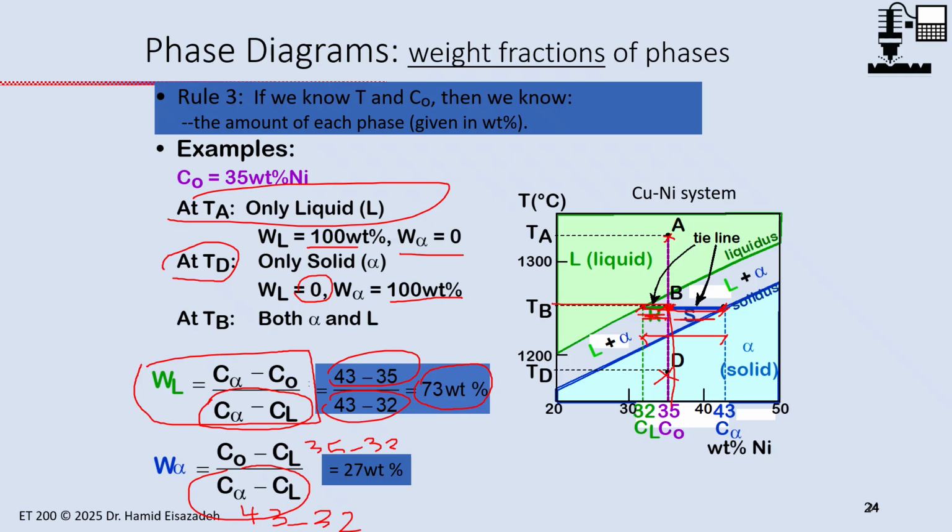That gives you 27%. It means you're further away from the solidus line. Okay, this technique is called the tie line. This is one way to calculate the amount of each phase when you have multiple phases at the point of interest.